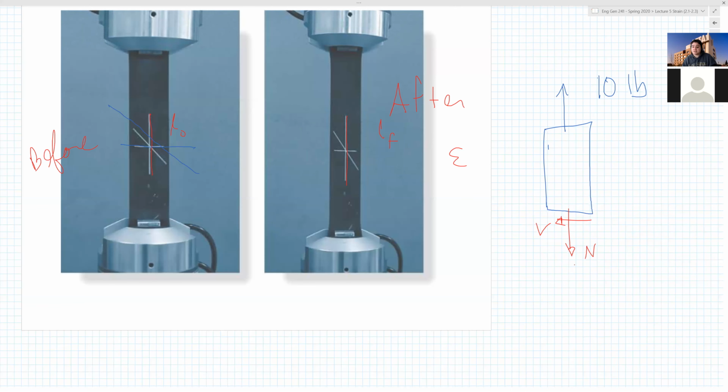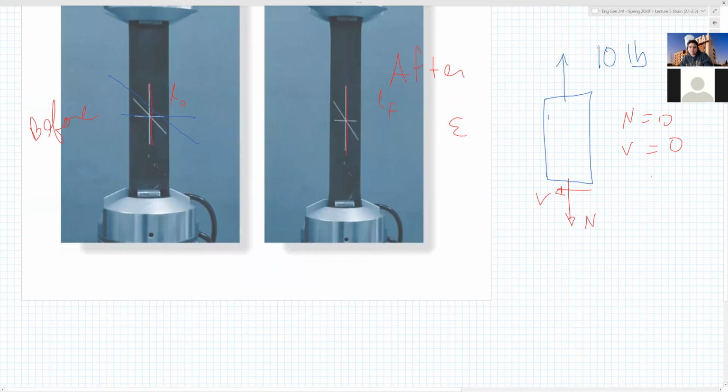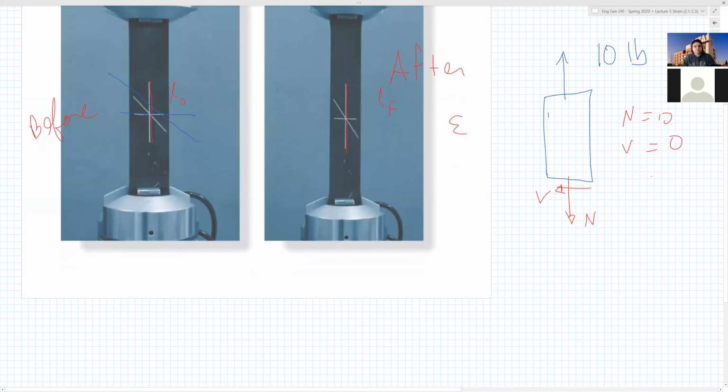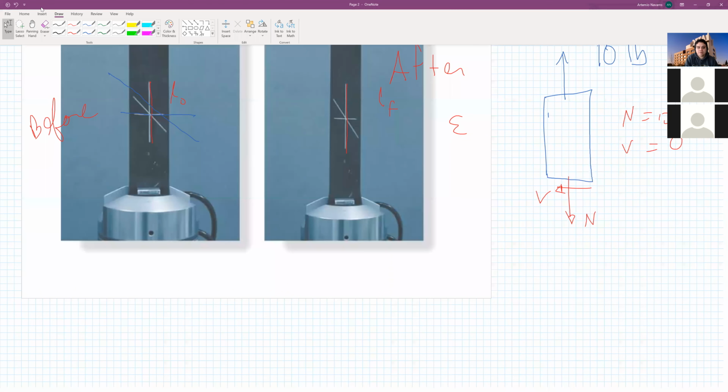What is the shear force? 0. That's right. So N is equal to 10, shear is equal to 0. So is there shear in the material? No, okay? However, there is shear in the material, not just the way I cut it.